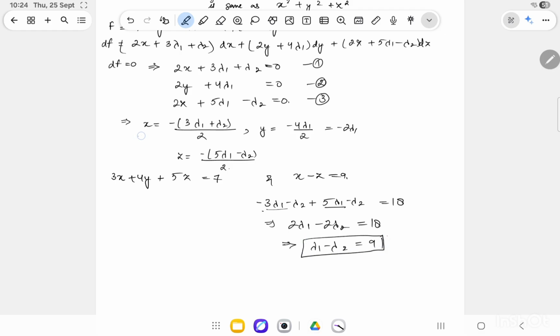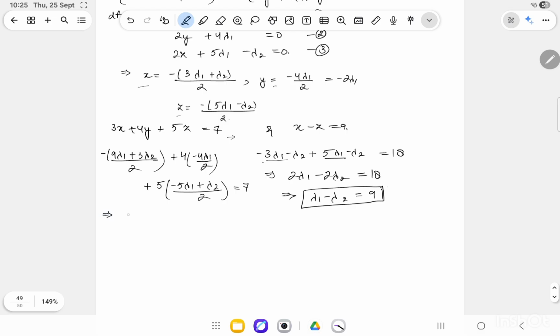Now just substituting value of x, y and z in this equation will give me another relation in between lambda 1 and lambda 2. So if I do so, I'll get minus 9 lambda 1 plus 3 lambda 2 by 2 plus 4y, that is minus 4 lambda 1 by 2, plus 5z, that is minus 5 lambda 1 plus lambda 2 by 2, equals 7.